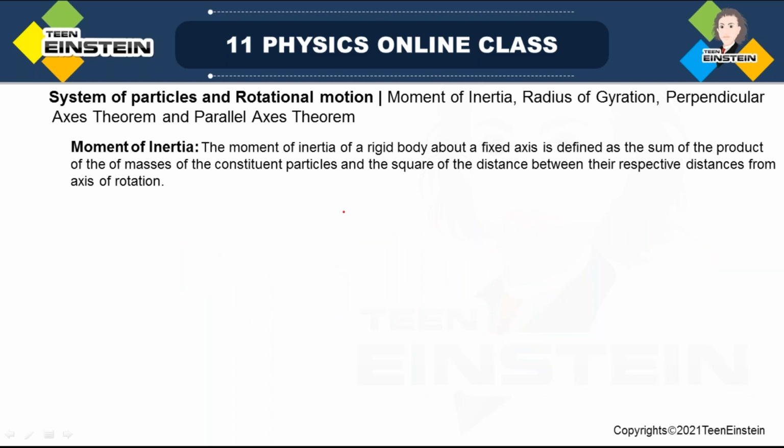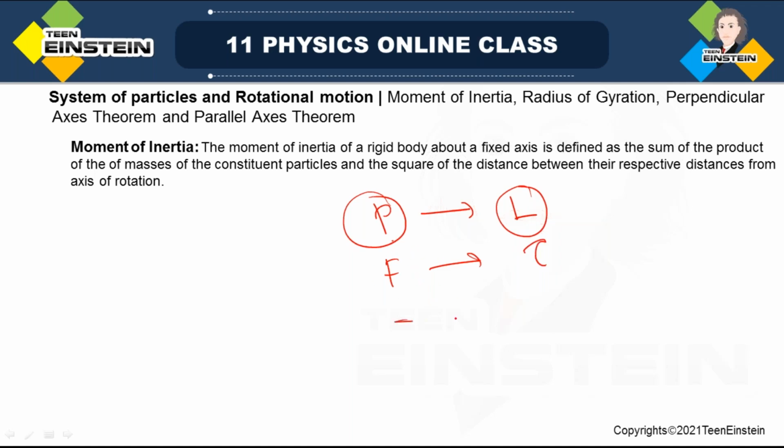And we have seen that linear momentum p has a rotational analog, angular momentum. So we have obtained these kinds of analogous quantities, like force is analogous to torque.